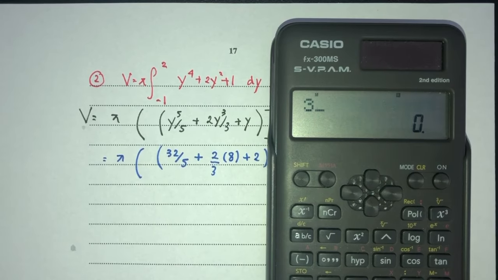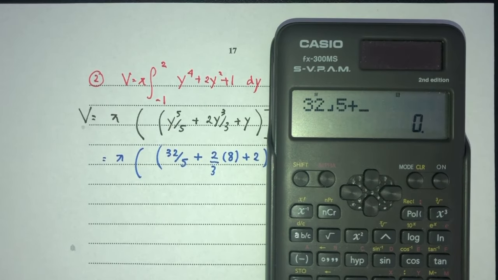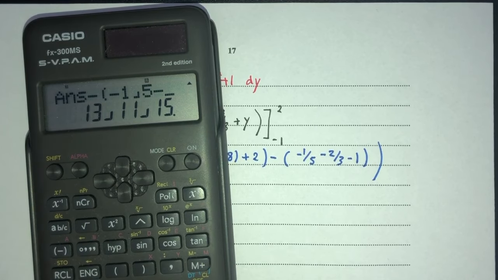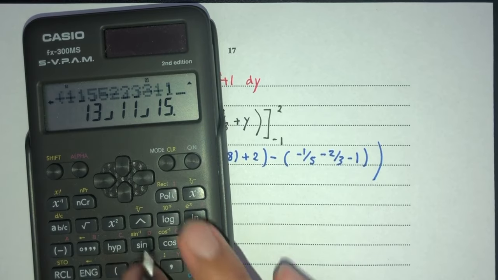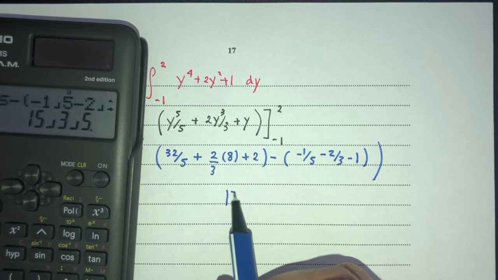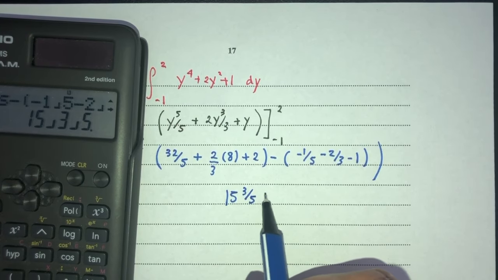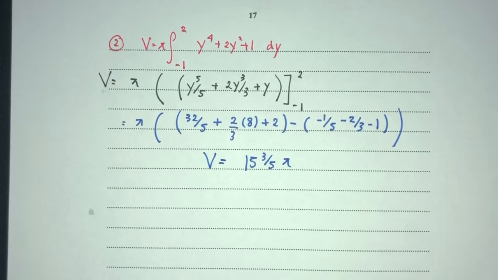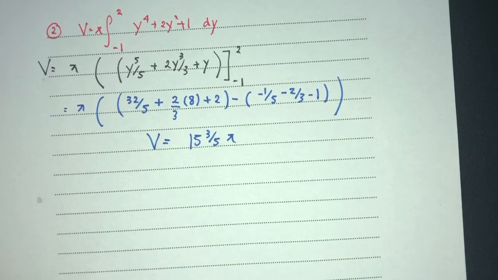So 32 over 5 plus 16 over 3 plus 2, minus 1 over 5 minus 2 over 3 minus 1. That should be 15 and 3 over 5 pi for the volume below the curve that is generated.